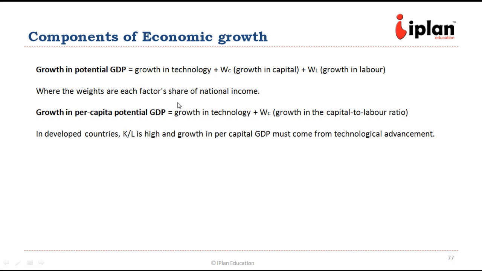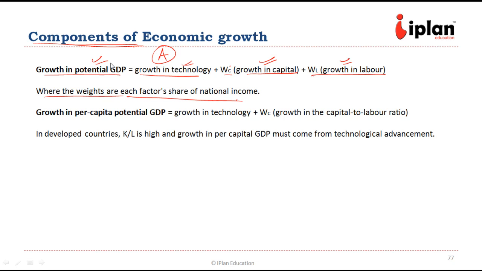So effectively, what are the components of economic growth? Growth in potential GDP would be growth in technology. That was the factor A which we looked at. Then WC into growth in the capital and WL into growth in labor. So WC is the weight of the capital in the economy and WL is the weight of labor in the national income.